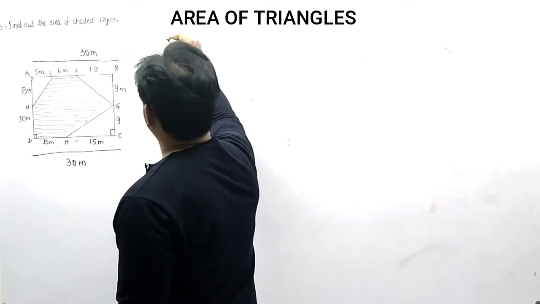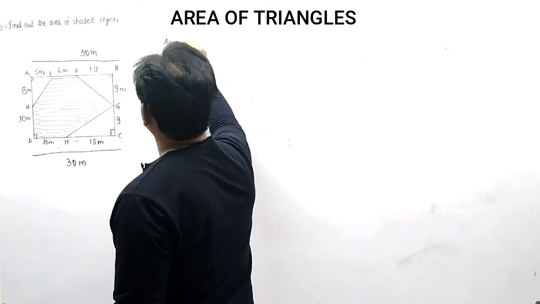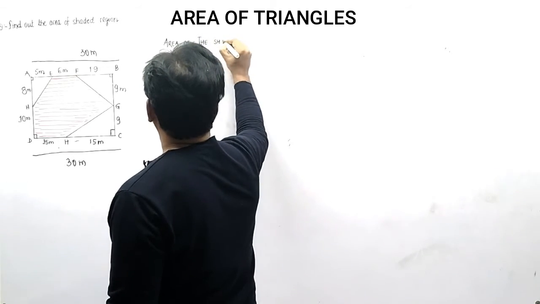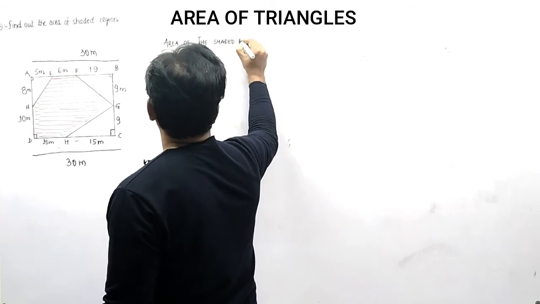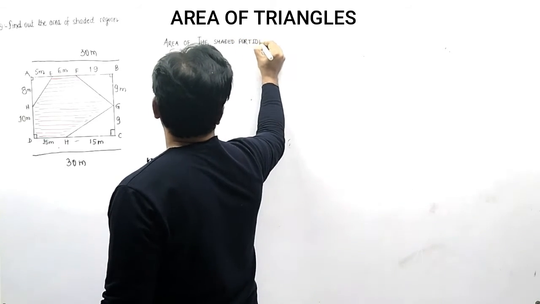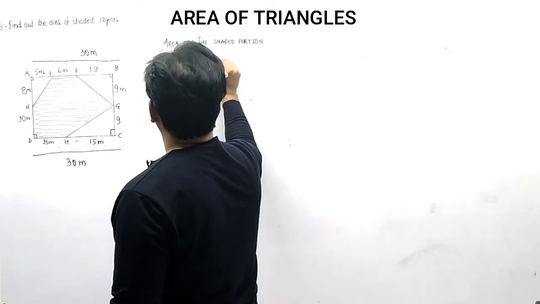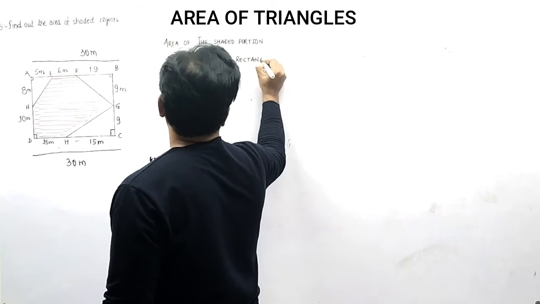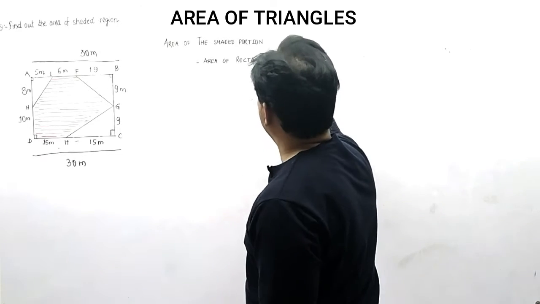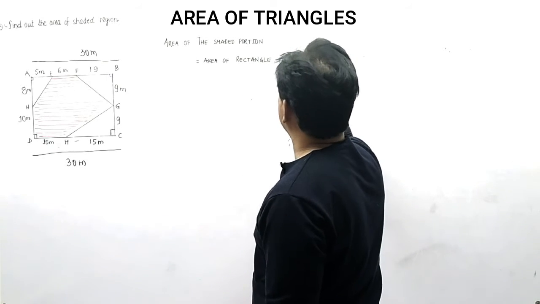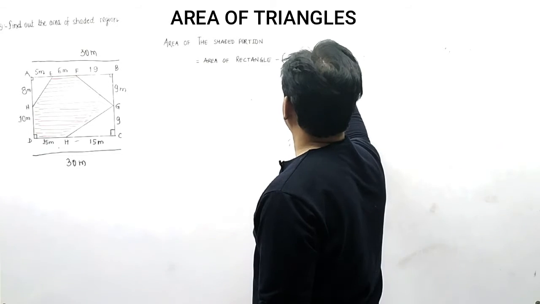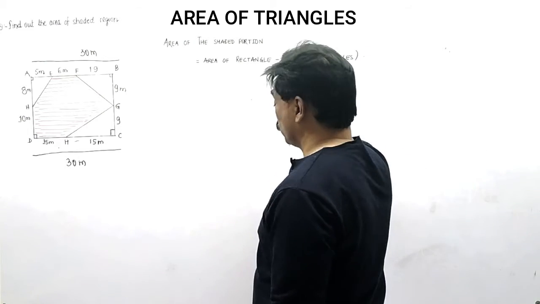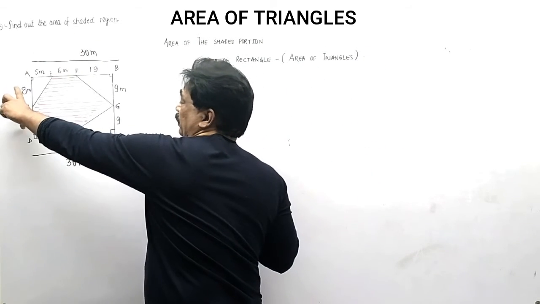The area of the shaded portion is equal to the area of the rectangle subtracted by the area of the triangles. The area of the rectangle will be 30 into 18.